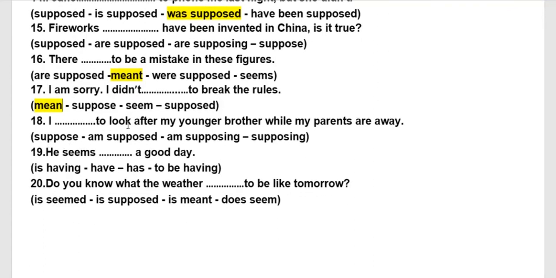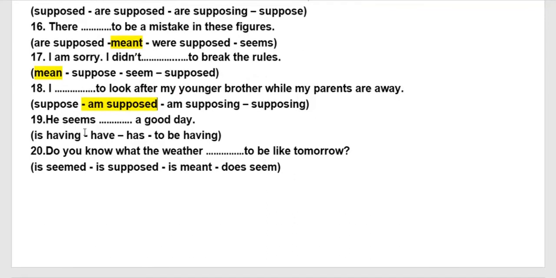I am supposed to look after my younger brother while my parents are away. He seems to be having a good day. This sentence is repeated, you see. To be having.